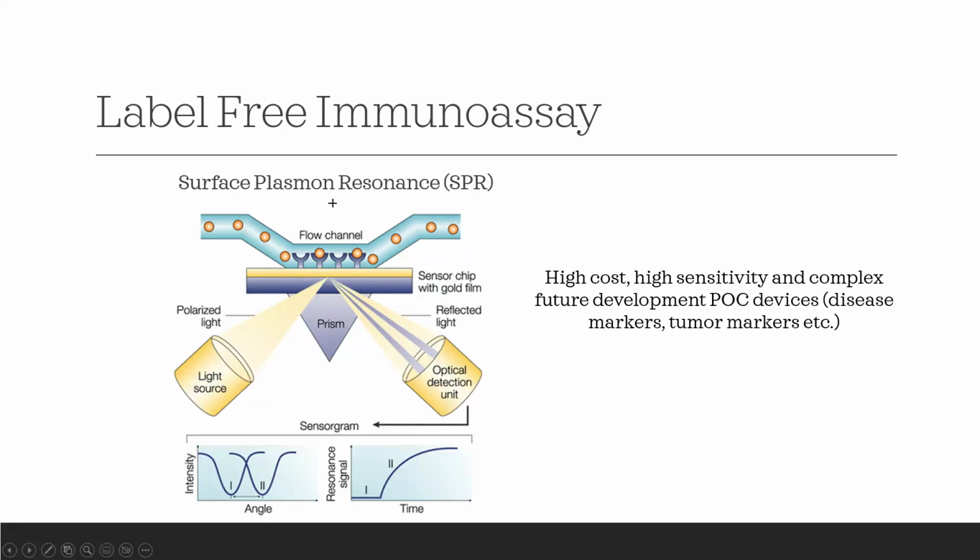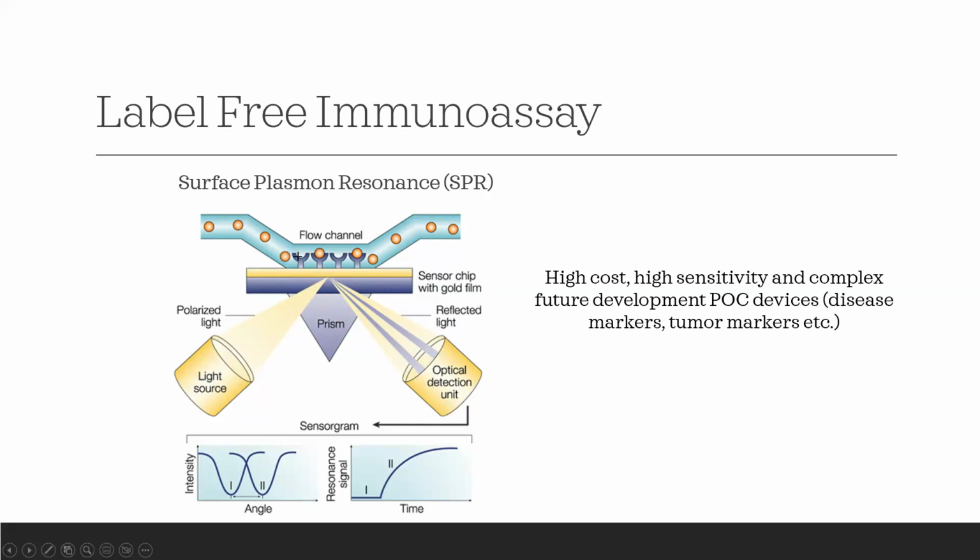It's called a plasmon because the electrons in the gold film oscillate when they absorb the energy from the light, and the oscillation of the electrons is called the plasmon. Because some of the light gets absorbed, there's a dark field in the refracted beam of light that can be detected.